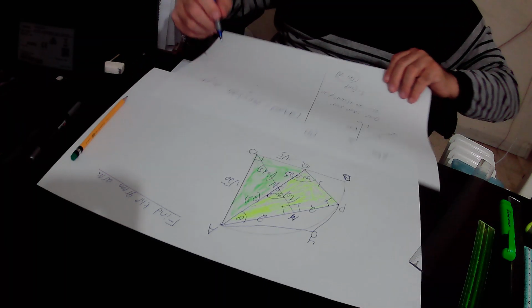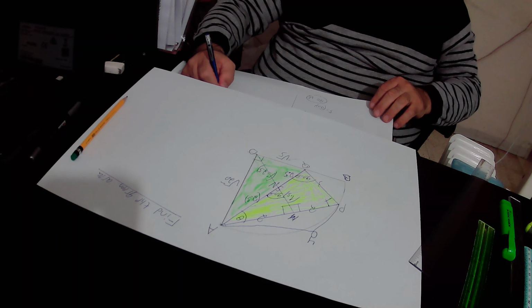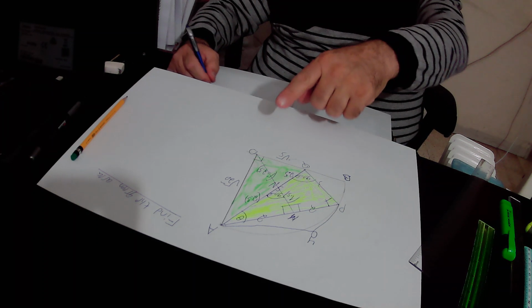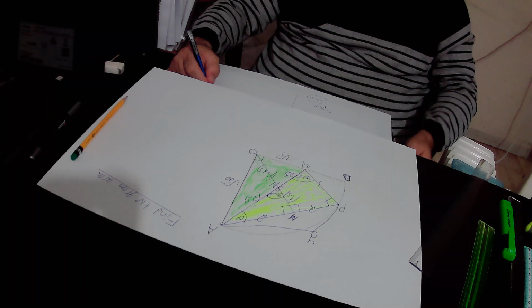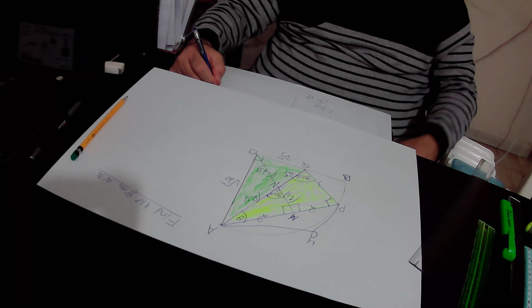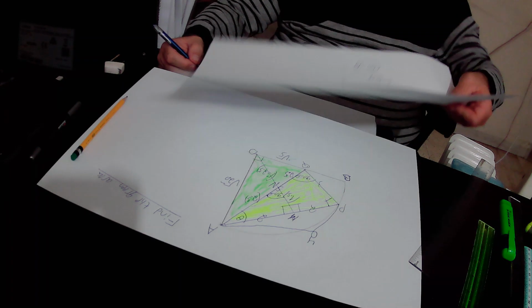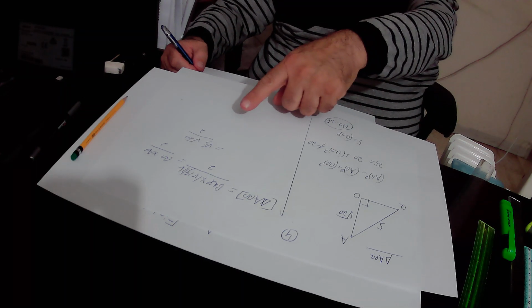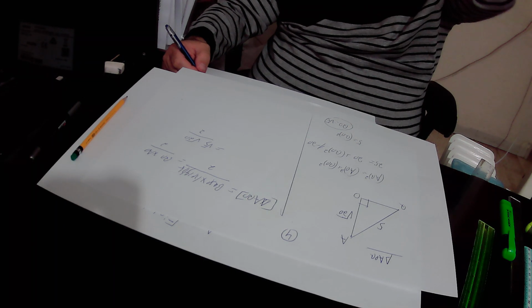QO is square root of 5 units times AO is square root of 20 units over 2. So the area of the green right triangle AQO equals square root of 5 times square root of 20 over 2.